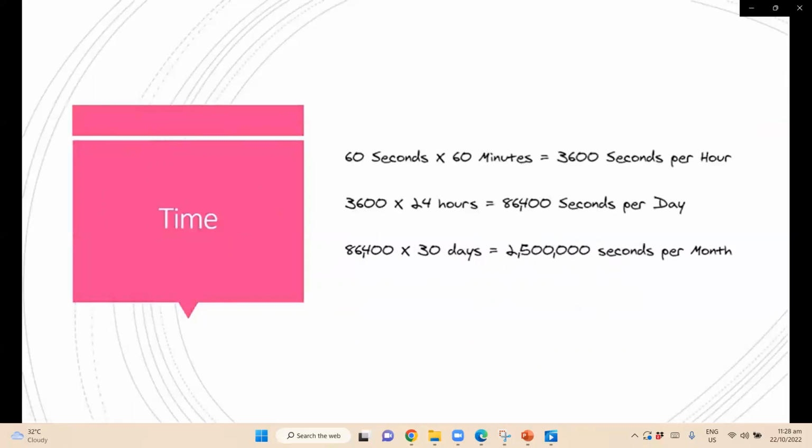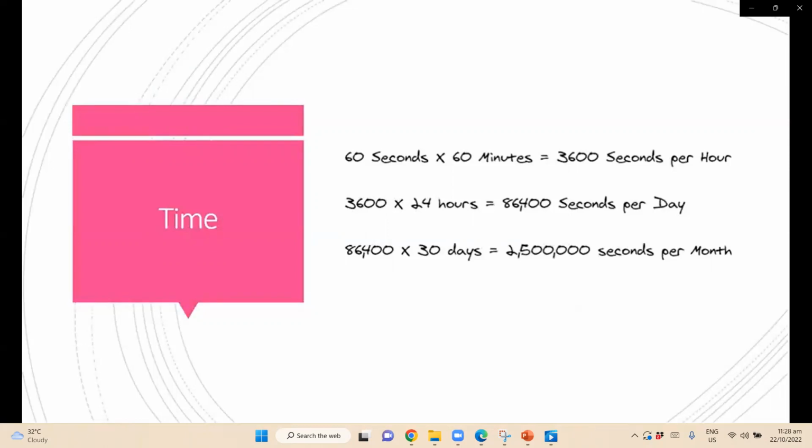It's always good to know your time conversions and memorize these so that you can make quick estimates for daily traffic. Really common is requests per second, how many you need to handle. Obviously there are 3,600 seconds per hour, multiply that by 24, and you get 86,400 seconds per day.